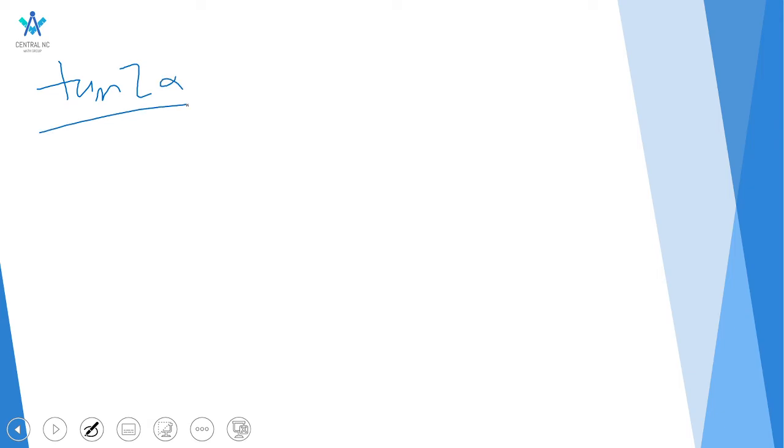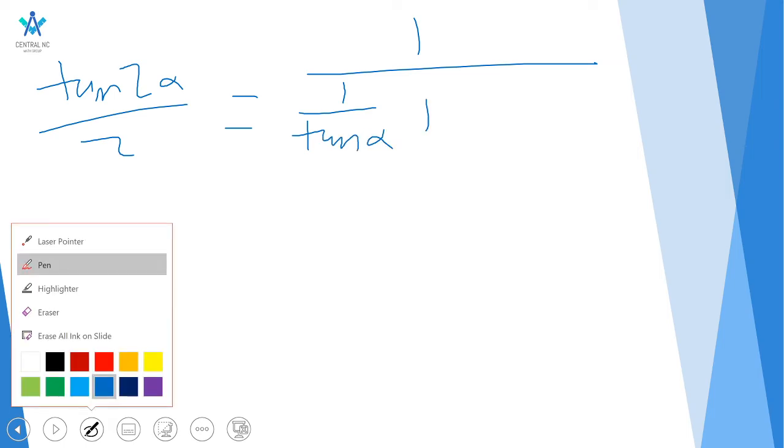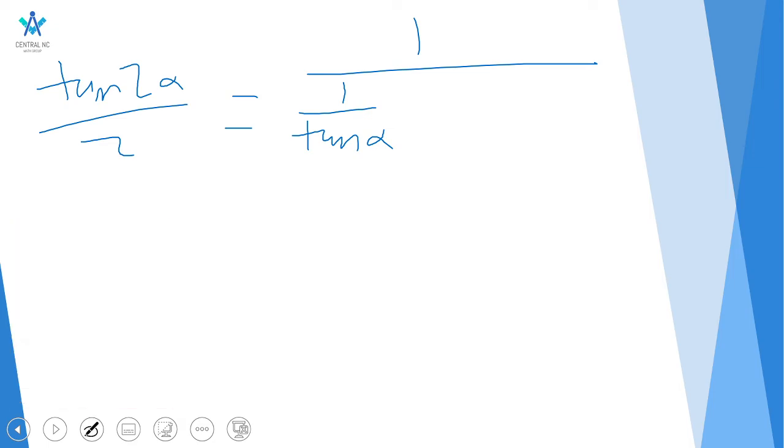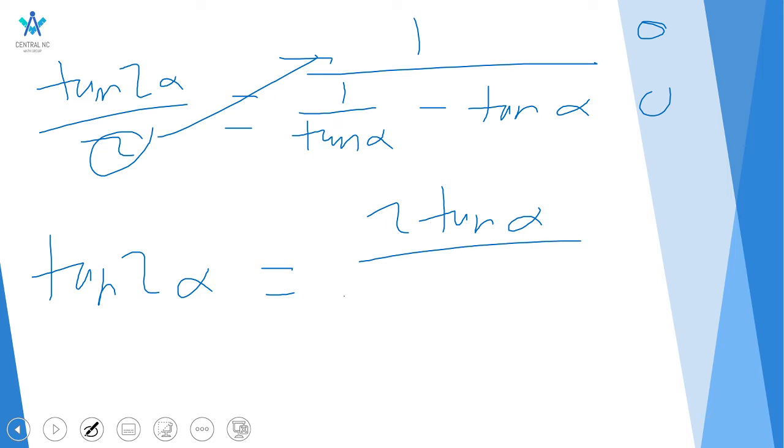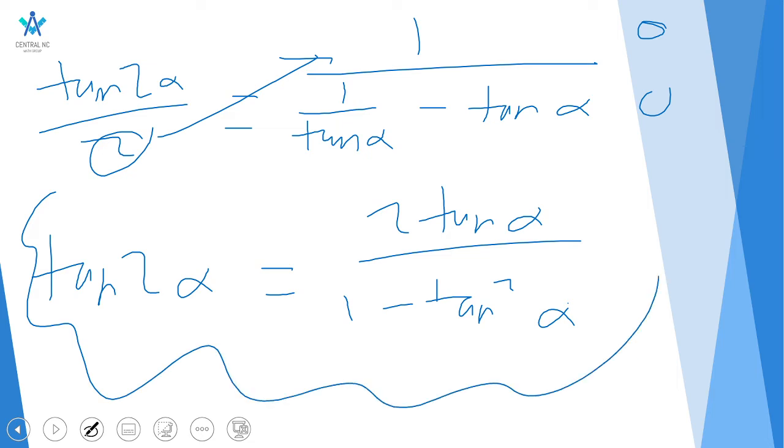Tangent 2 alpha over 2 is equal to 1 over tangent alpha minus tangent alpha. Now multiplying by 2 on each side, and then multiplying by tangent on the top and bottom of the fraction, we get tangent 2 alpha is equal to 2 tangent alpha over 1 minus tangent squared alpha. This is our double tangent formula.